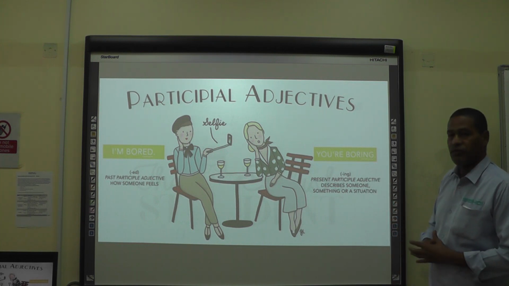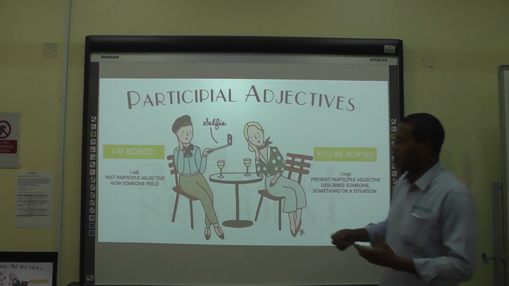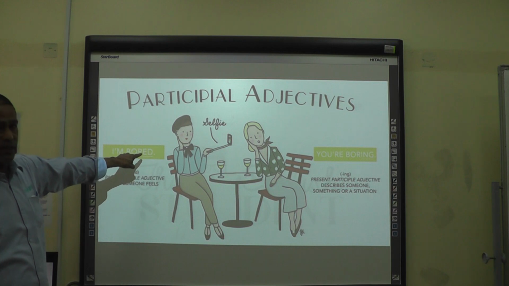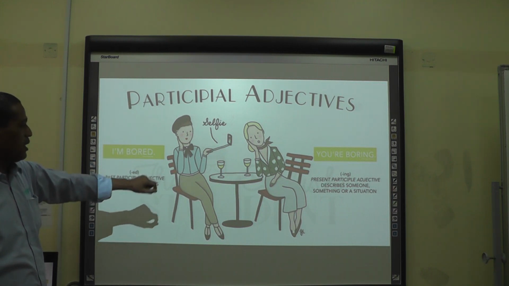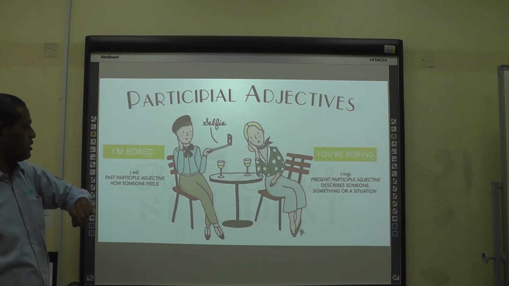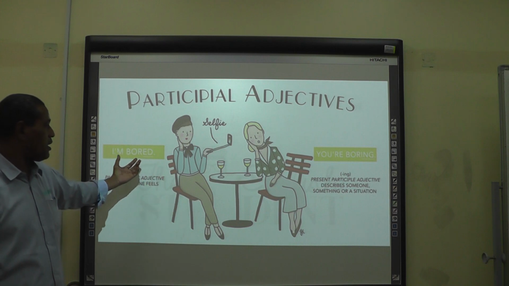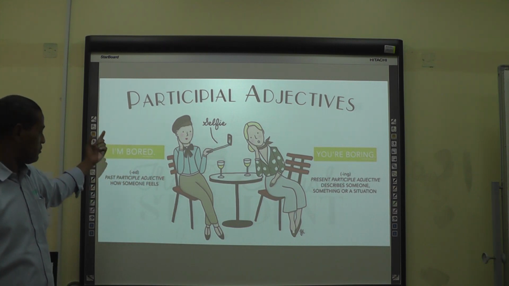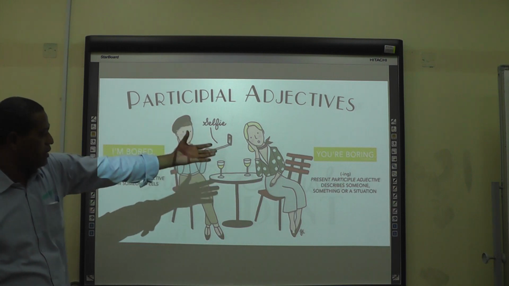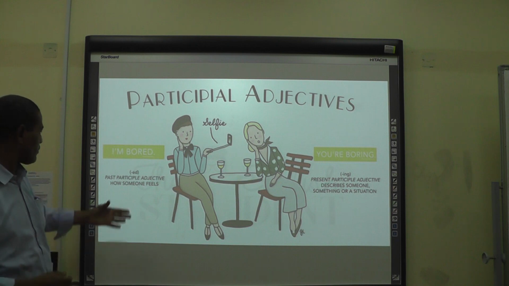Both of them are from the same root, bore. But here we add ed to it, and there we add ing. So both of them, originally they are verbs. Bored comes from bore, and boring comes from bore.